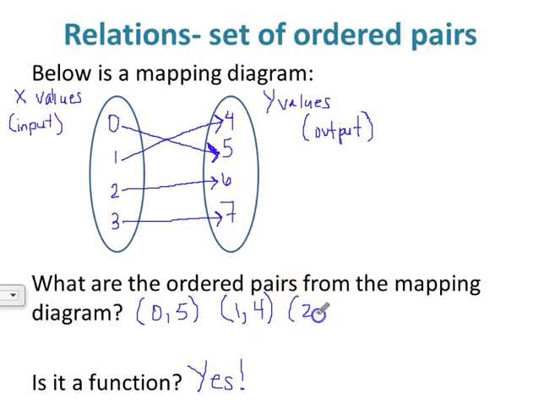And then we've got 2, which is linked with that 6, and 3 is linked with that 7. So that would be our ordered pairs from that mapping diagram. And because each of our x values only links up with one y value or one output, that makes it a function. I'm going to go on to the next slide. If you need more time taking notes in your math notebook, remember, click on pause.